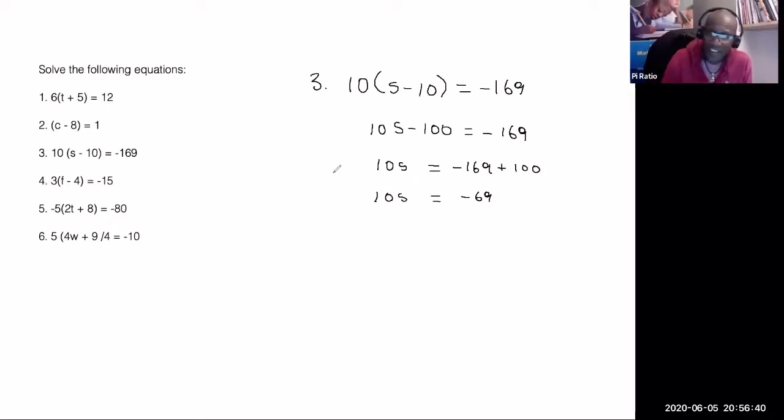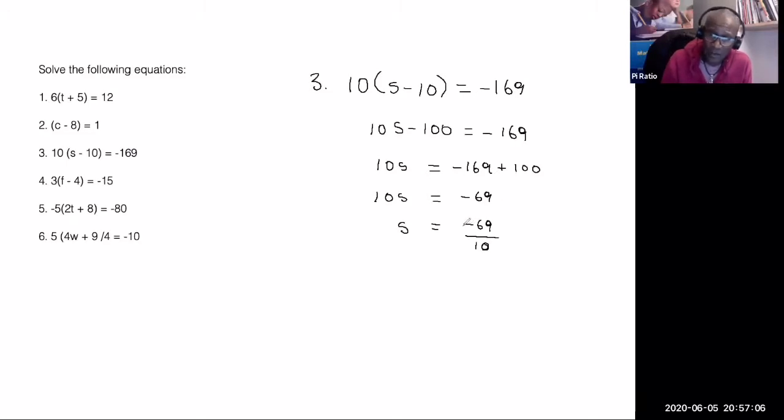So the next line will be S is equal to minus 69 over 10. Yeah? And you'd possibly just leave it somewhere there.